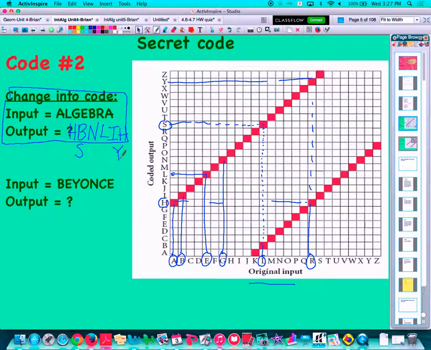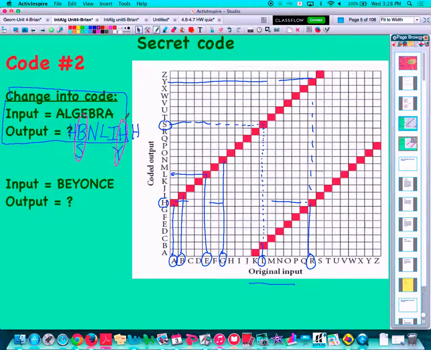And then A, we had already figured out that was the letter H. Okay, so R went with H and A went with H. Something a little bit different happened here. In these two slots, we had two possible outputs instead of one possible output.